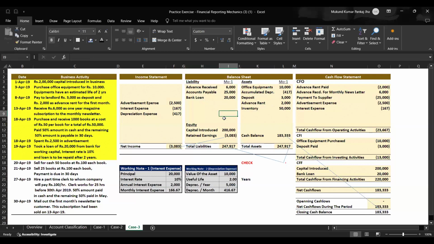I don't know why it is not opening, but it should get opened. Sure, let me just get done with this sheet and I will share it. I would have shared it here itself, but I will have to close this sheet. Otherwise, I won't be able to share it.